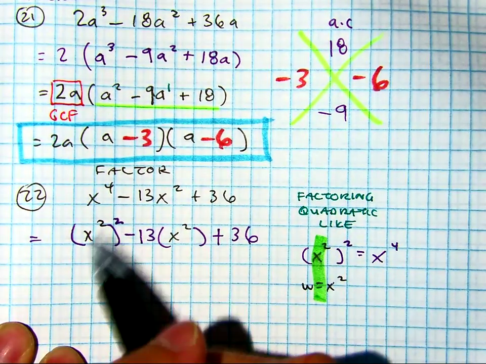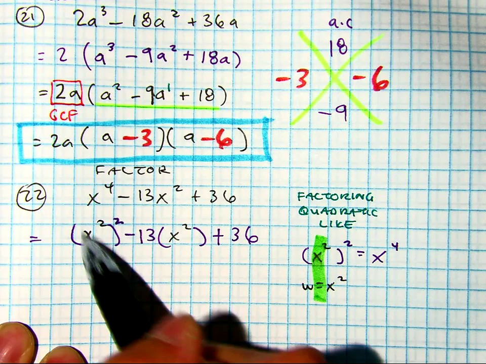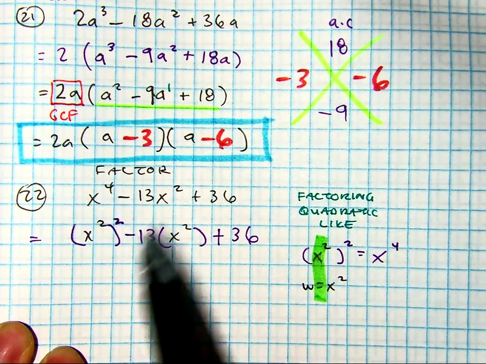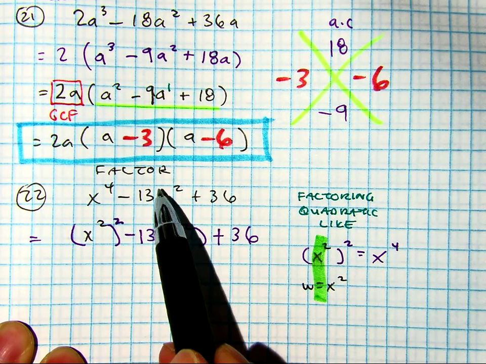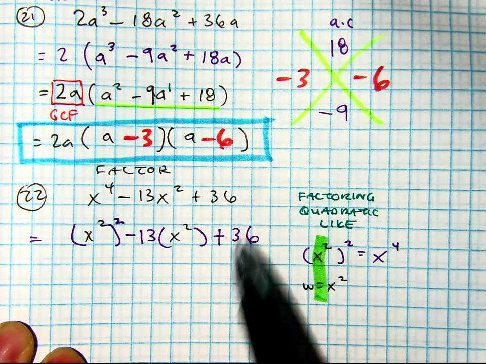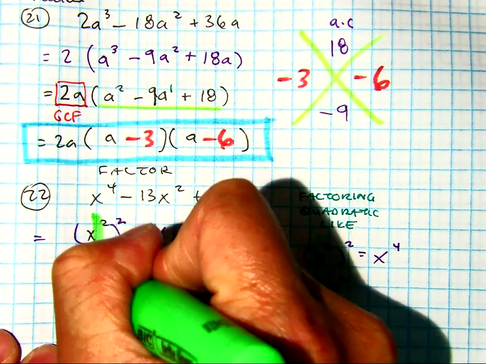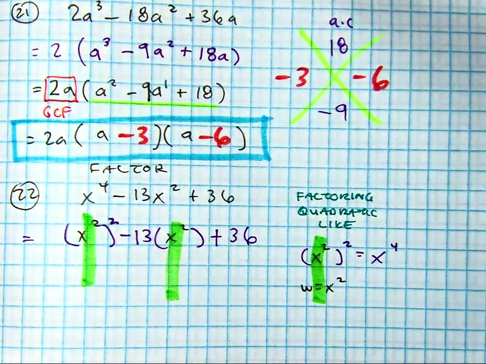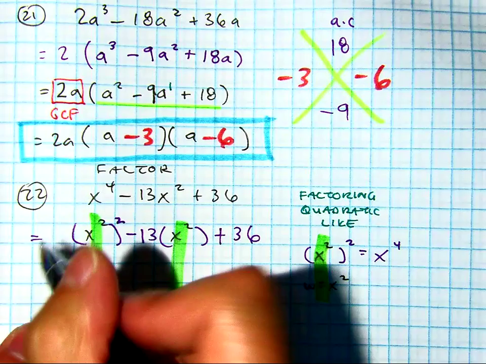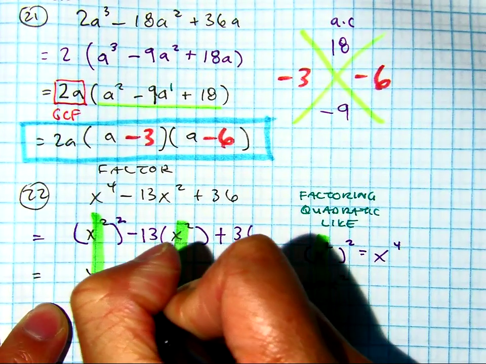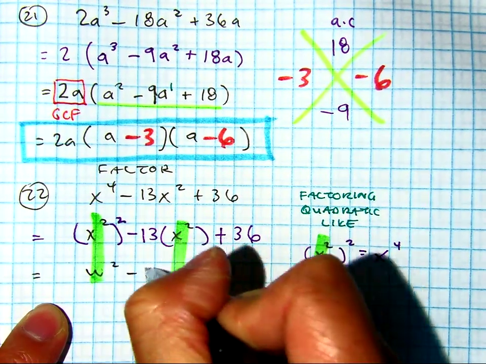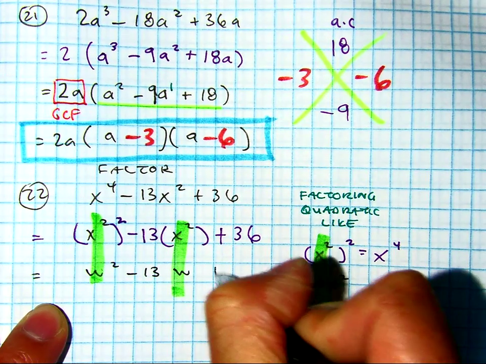X squared to the power of 2 means x squared times x squared, which is x to the 4th. Negative 13 times x squared is negative 13x squared, and you have this 36. So instead of writing x squared, we're going to write what, class? We're going to write w. So here I have now w squared minus 13w plus 36.